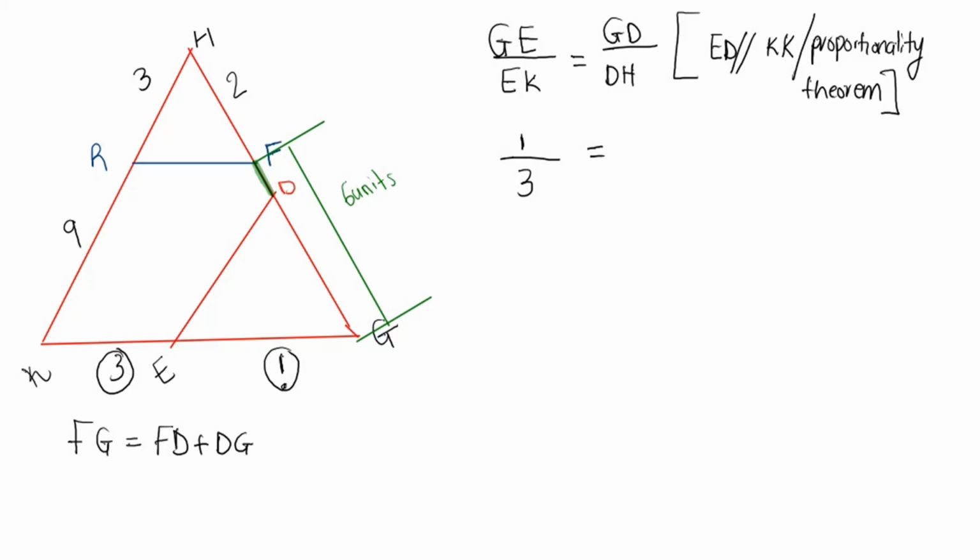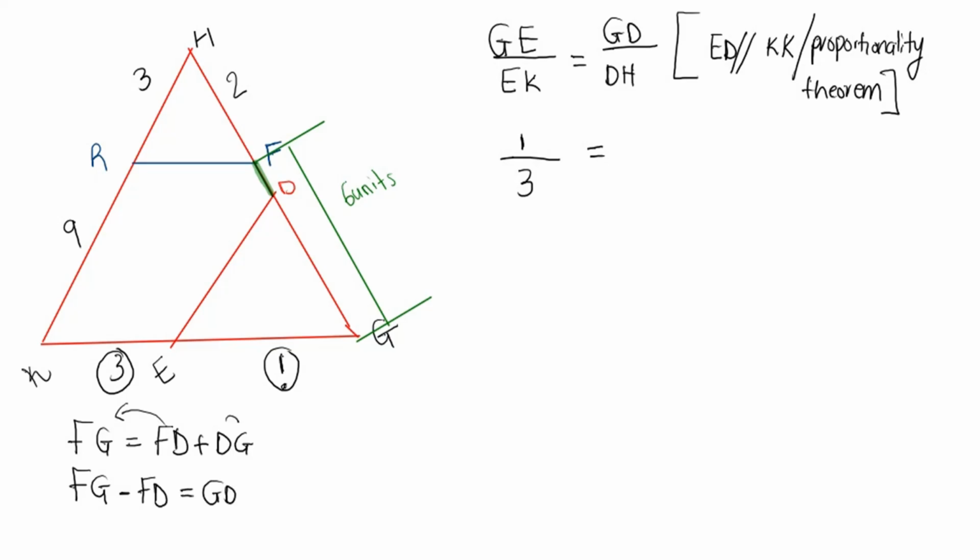But then in this formula, we want to find the value of GD. So what do we need to do? We just need to make GD the subject of the formula, or isolate it, so that we have the formula that will help us get the value of our GD. Okay, so when we isolate our GD, we'll find that FG minus, because this is going to go to that side, FD is equal to GD.